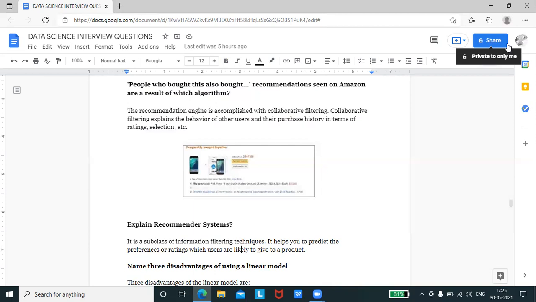Then in contrast to it, the content-based approaches will use additional information about the user or items to make predictions. For example, the content-based system might consider the age, gender, occupation, and other personal information about the users when making the predictions.